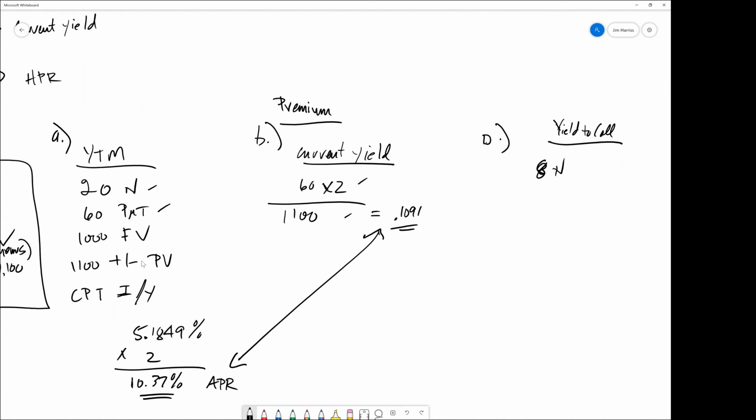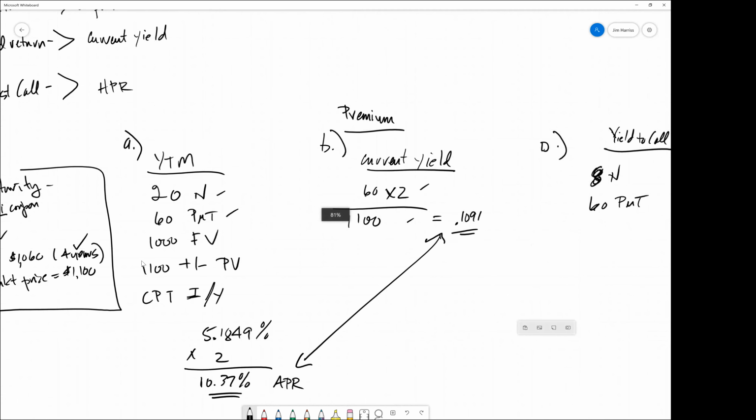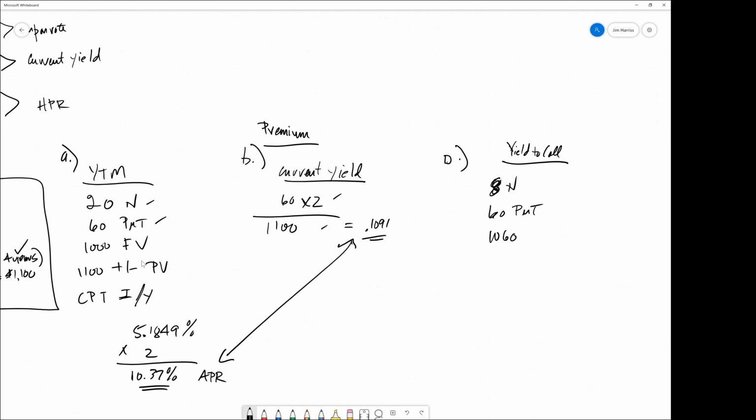You're going to have the same $60 payment, because the bond pays twice a year. And it's going to be called for 1060, so 1060 is going to be your future value. And your current price of the bond is $1,100, plus minus PV. So you can ask it to compute your I/Y.